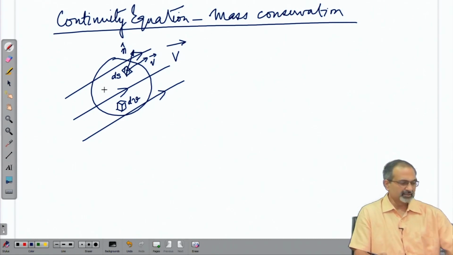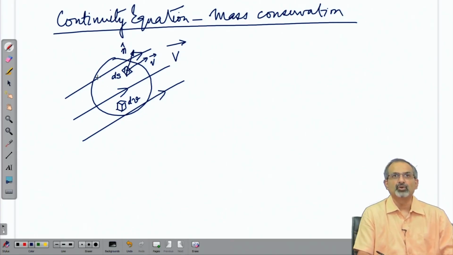And we discussed earlier that this velocity vector meets the control volume surface at different points, and at some places of the control volume it may be entering the control volume, at some others it may be leaving the control volume.